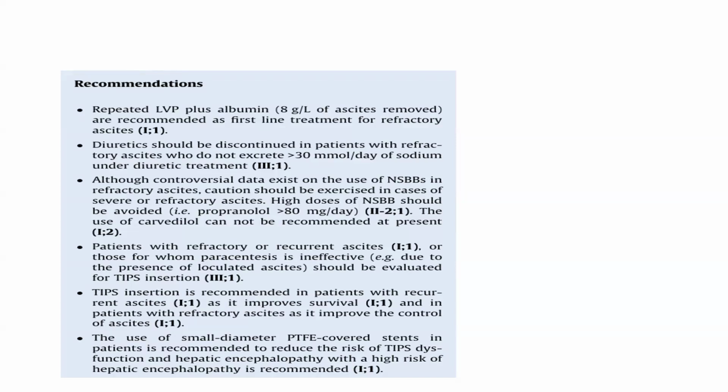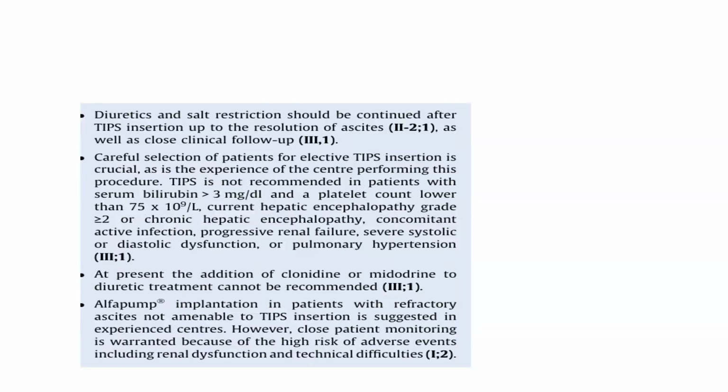The use of a small diameter PTFE covered stent is recommended to reduce the risk of TIPS dysfunction and hepatic encephalopathy. Diuretics and salt restriction should be continued after TIPS insertion up to resolution of the ascites. Careful selection of the patient for elective TIPS insertion is crucial, as is the experience of the center performing this procedure.